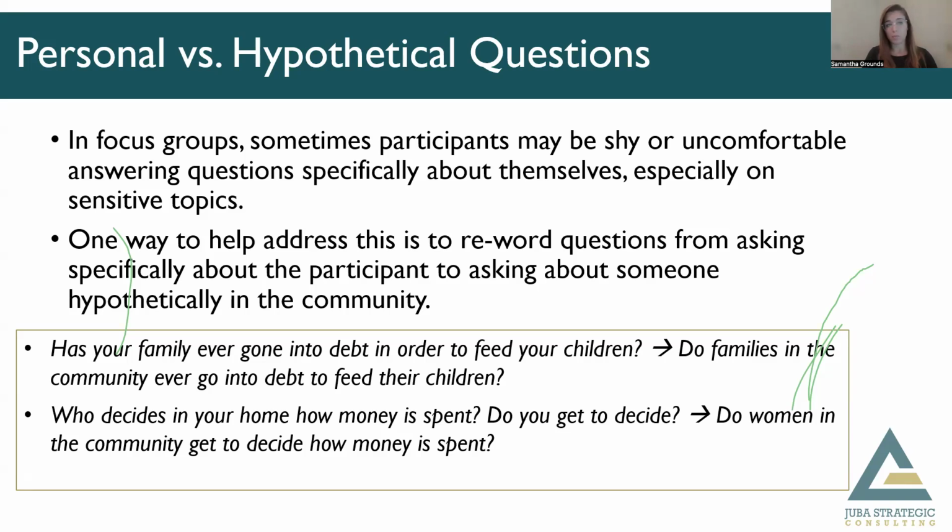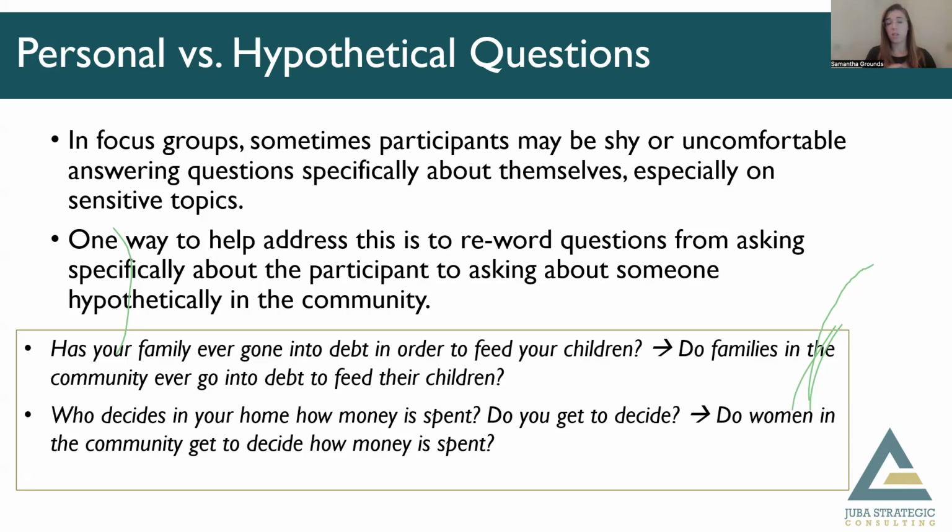So for example, say our original question is, has your family ever gone into debt in order to feed your children? That's asking specifically about the participants, and some participants might not feel comfortable answering that. So one way we can reword that to generate more discussion, to make participants feel more at ease, is to make it more general.